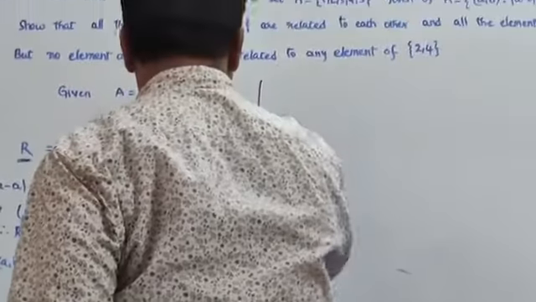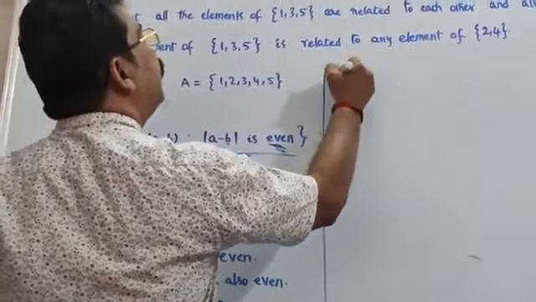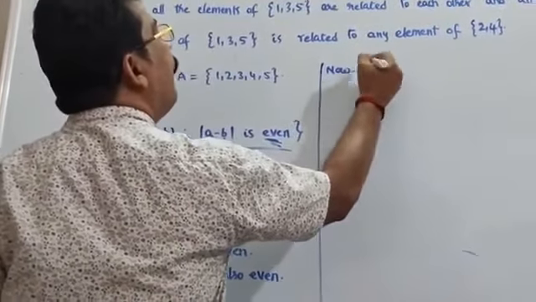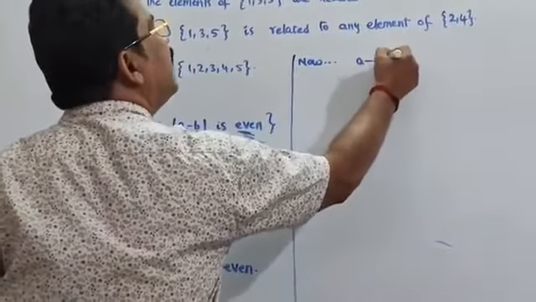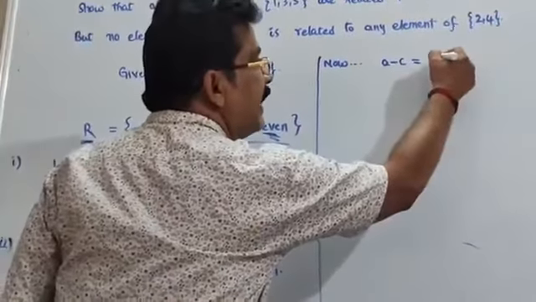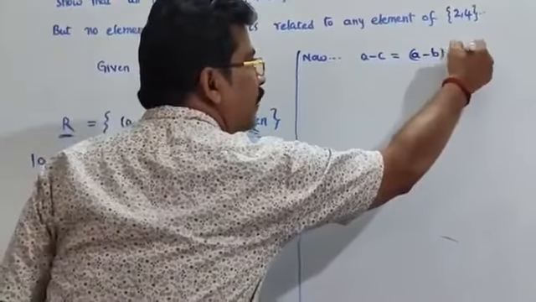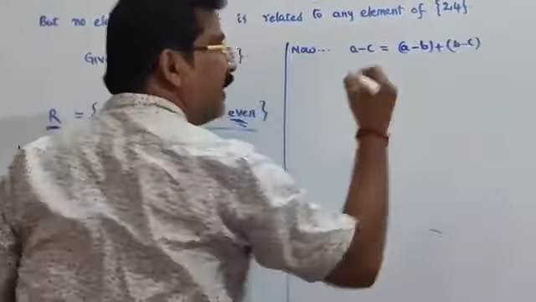Next, now let us consider A minus C. A minus C can be written as A minus B plus B minus C. We can write like that.